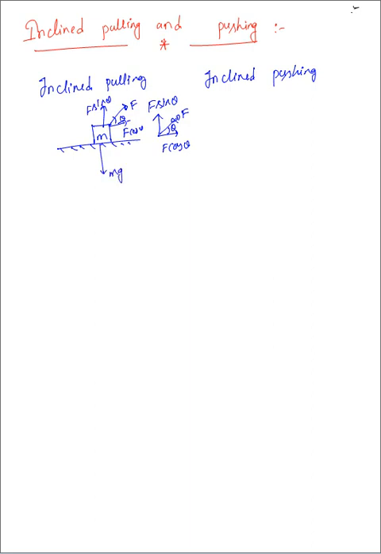Downward, mg will act. Upward, the normal reaction will come because it is in contact with the surface. Since its motion is in this direction, because the force is applied in this direction, friction will act in the backward direction. That's nothing but mu n. If you draw the free body diagram outside: F cos theta, backward mu n, downward mg, upward n, and one more acting, F sin theta.